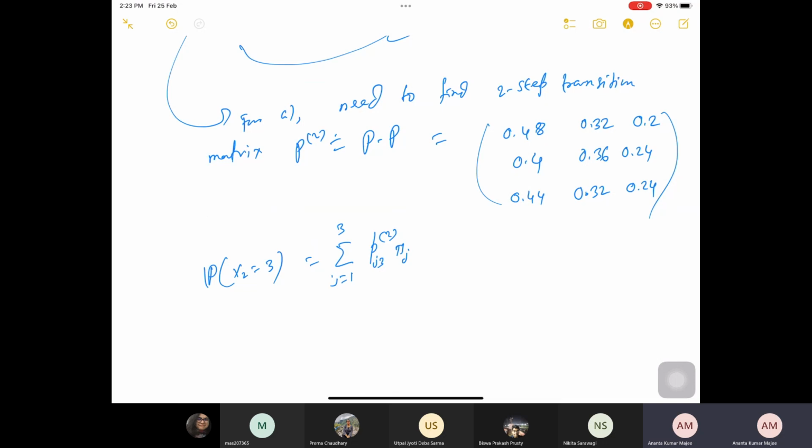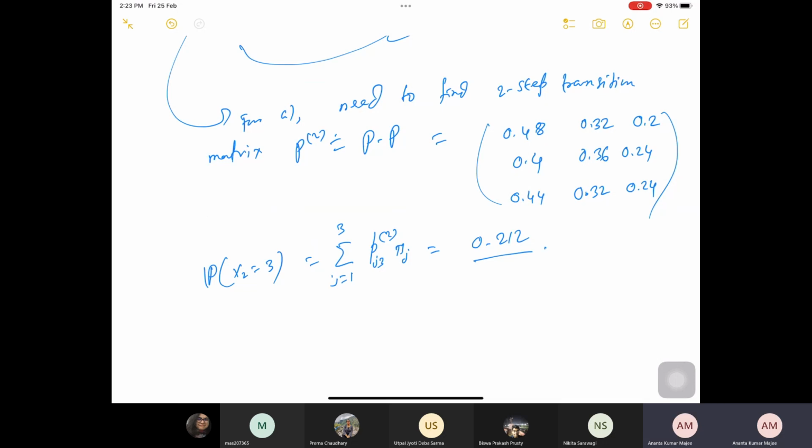Is it not? So if you calculate, it should be something like 0.212. Okay, you calculate it. So it will be something like that.